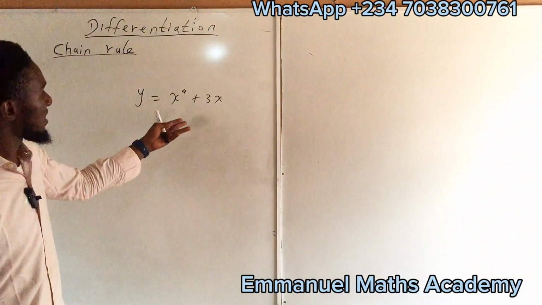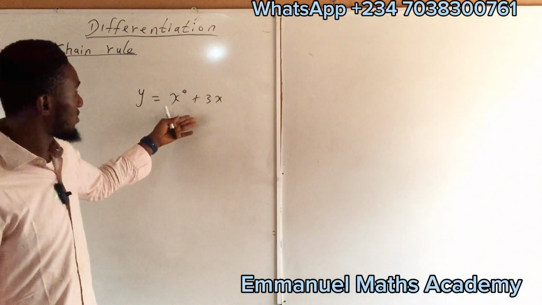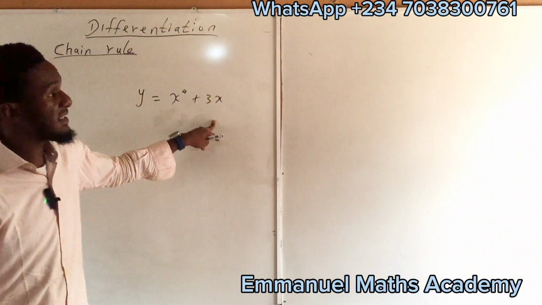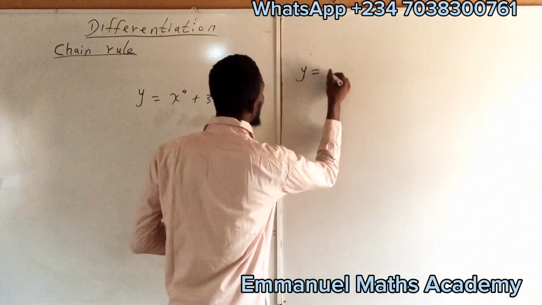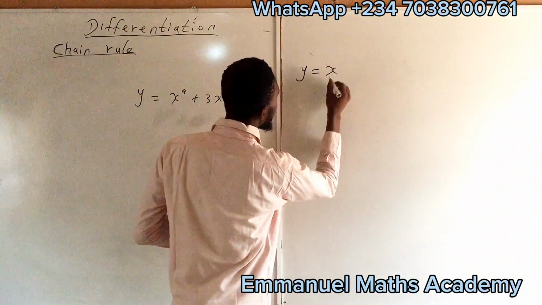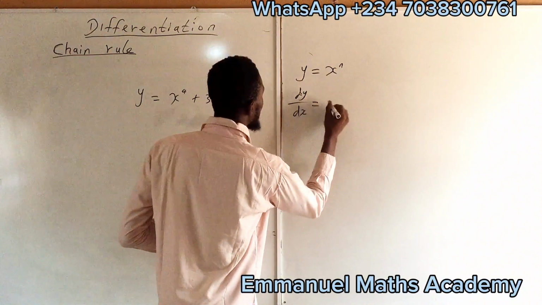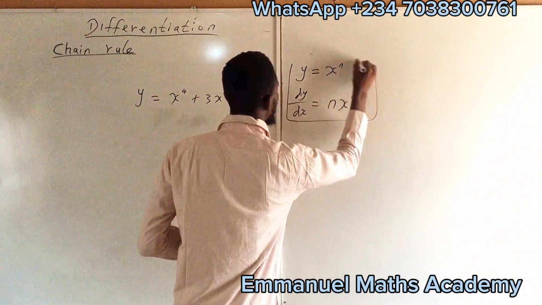How do you go about this? You solve this using the general power rule, where you differentiate this and also differentiate this. Just the general rule where we say that if you are given y is equal to x power n, then our dy dx is n x power n minus 1, right?